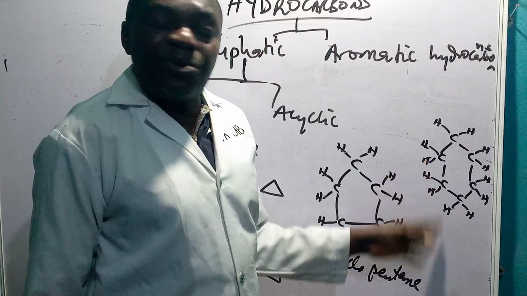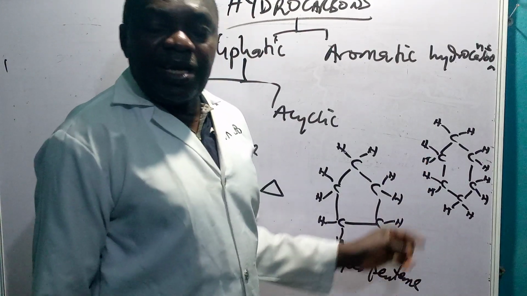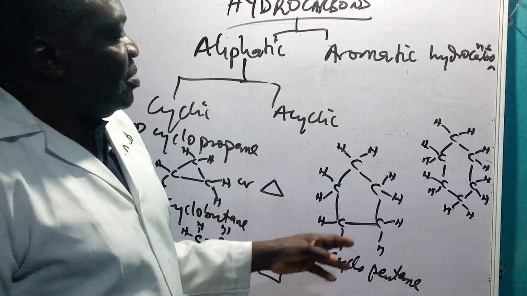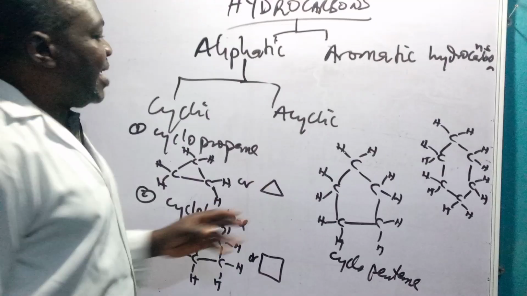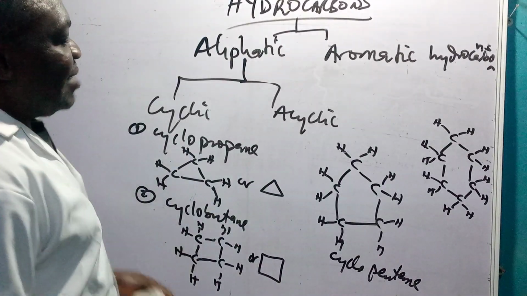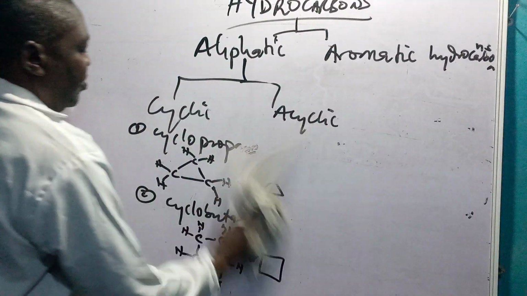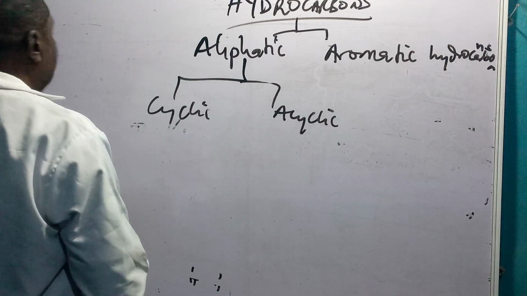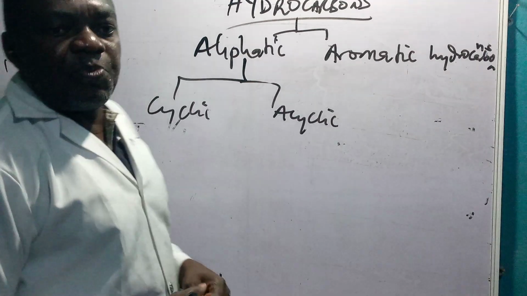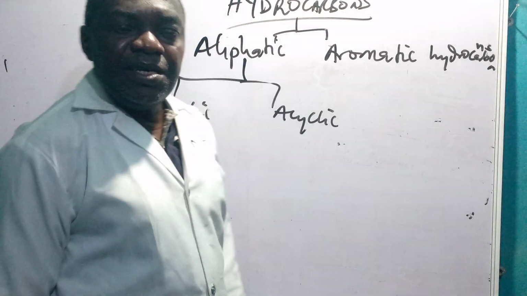The reason why they are stopping here is because as you go forward more than this, you become more and more complex. So that's why most syllabuses recommend that we stop here. So these are the breakdown of cyclic hydrocarbons. Like we said, we have cyclopropane, cyclobutane, cyclopentane, and cyclohexane.